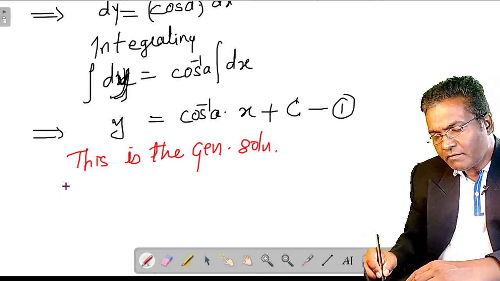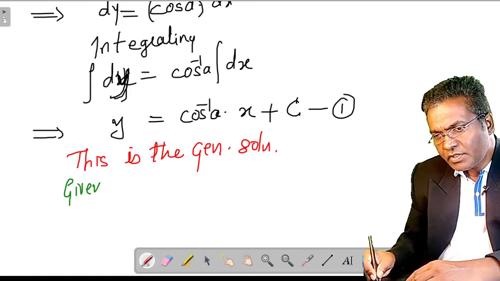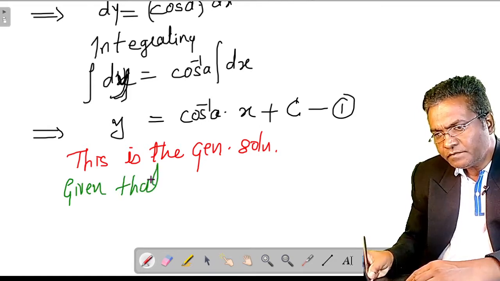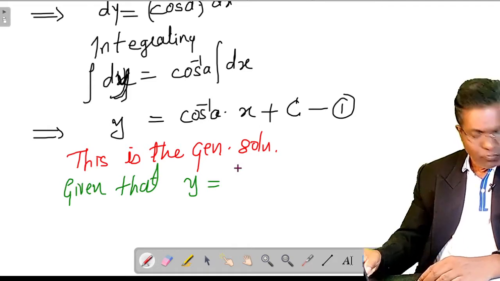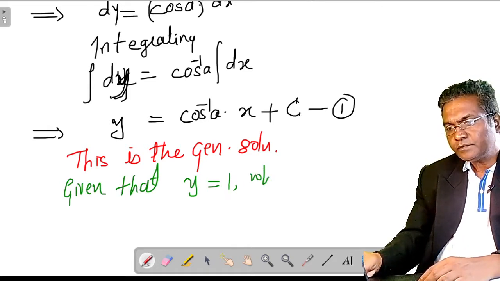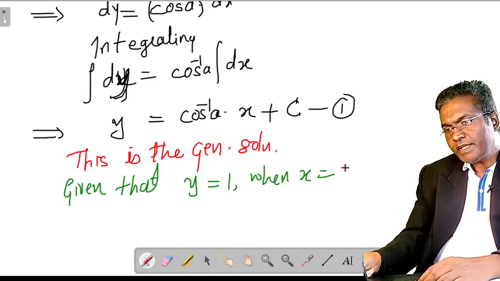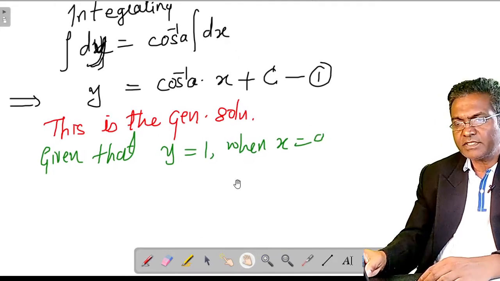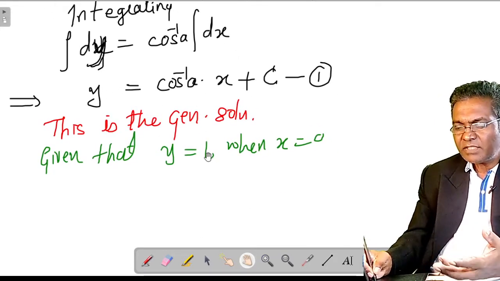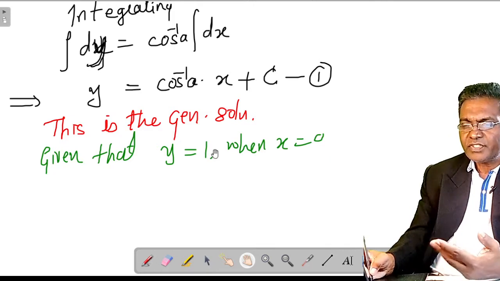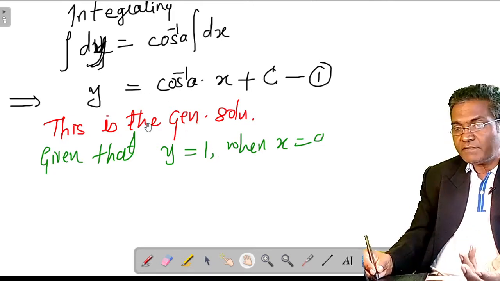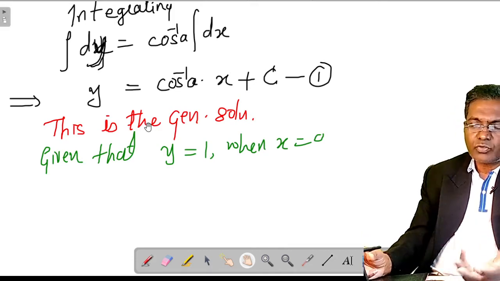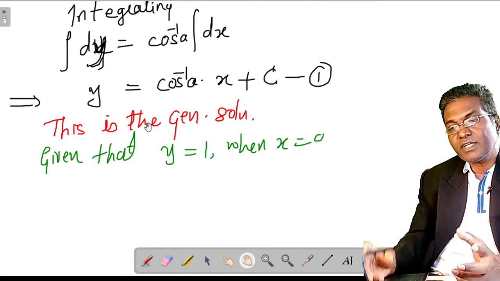Okay, now what are the given conditions? You are given y is 1 when x is 0. This means that this is the one curve, so it passes through the point 0, 1. That is the meaning of this. On solving any differential equation, whatever solution you get represents one curve.